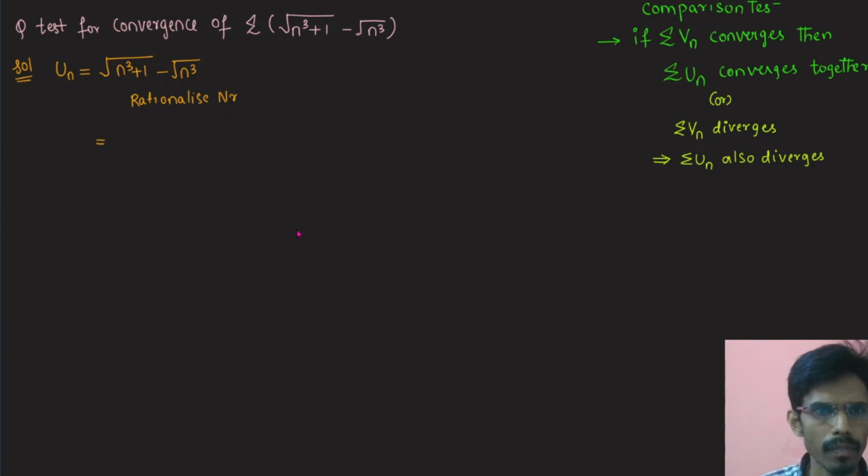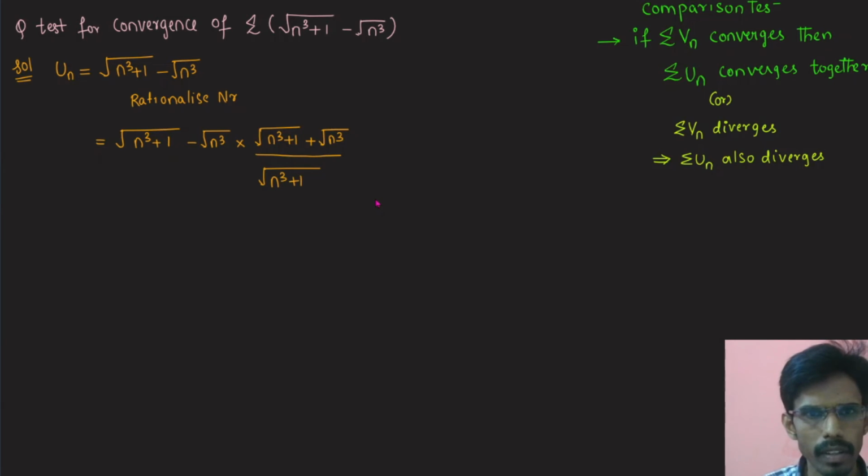Then we have root over n cube plus 1 minus root n cube multiplied by root n cube plus 1. Here we have a minus sign, so its rationalizing factor will have a plus sign, plus root n cube upon root n cube plus 1 plus root n cube.